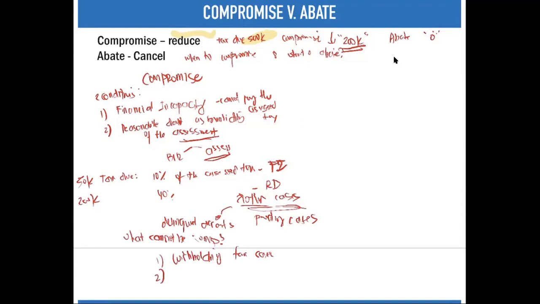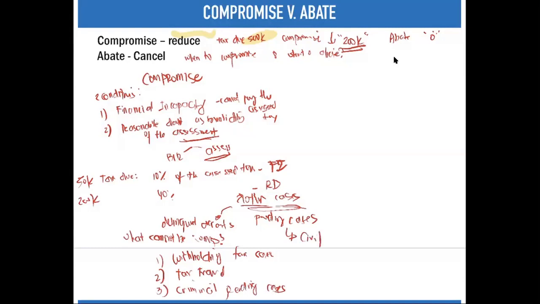You also cannot compromise tax fraud and criminal pending cases. So what pending cases can be compromised?